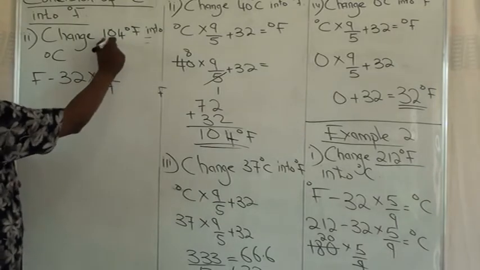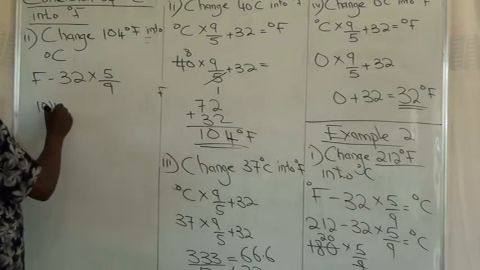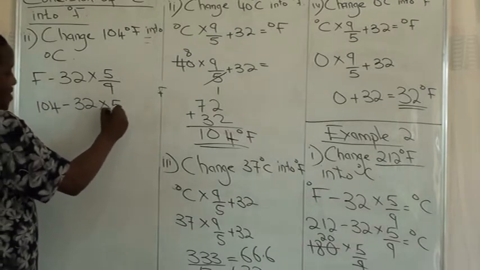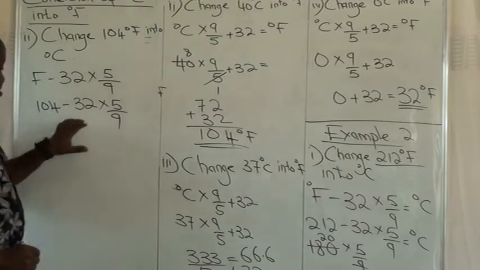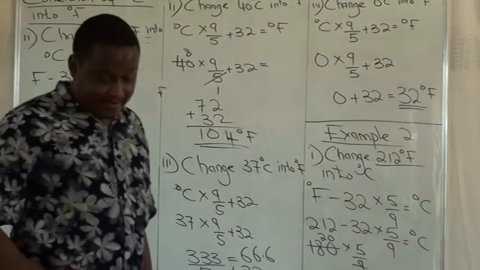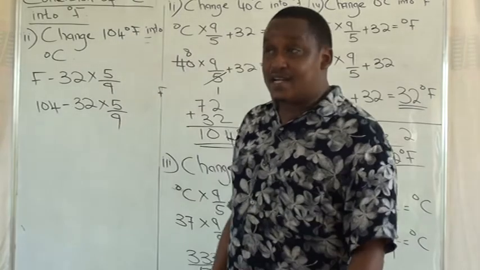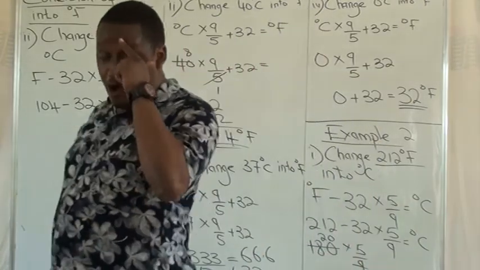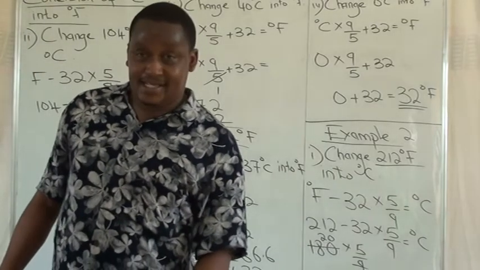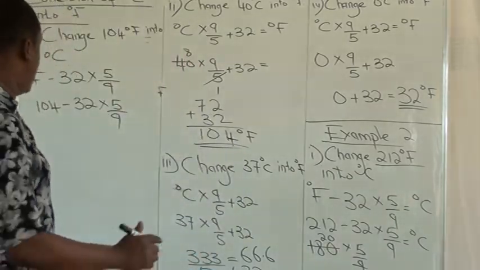So my F is 104. I subtract my 32, I multiply 5/9. I know now you have become all eager. So when you subtract 32 from 104, that's a simple one, what do we get? 72. Good.